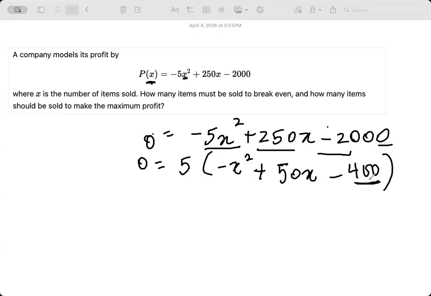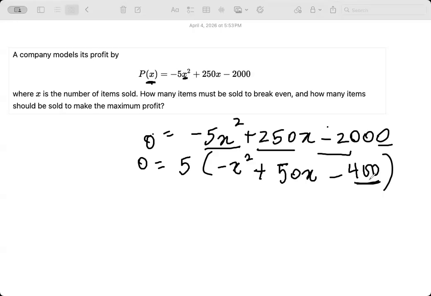Do you think you can do it? Go ahead. What are the factors of 400 that can give a sum of 50? Think about it. 20 and 20 can't be there. Then what else? Write it down and see.